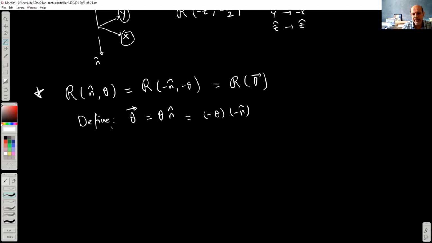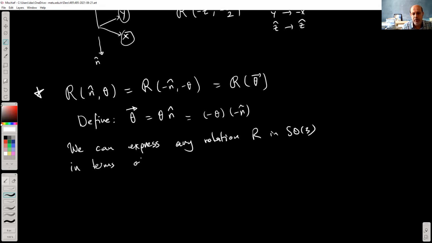So in any case, let's say it like this. We can express any rotation R in SO3 in terms of a vector parameter theta.